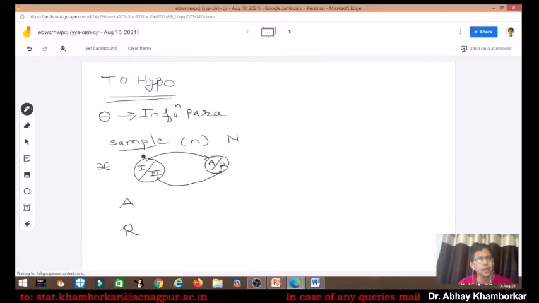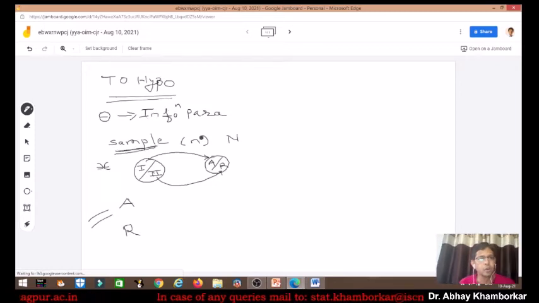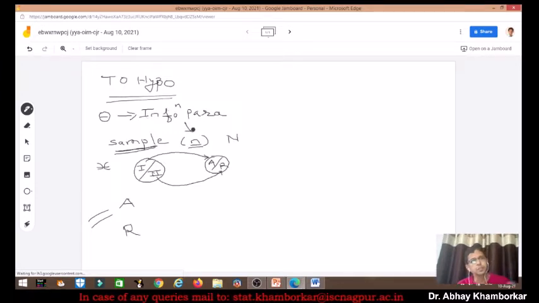So at any given stage, two possible decisions are there: acceptance and rejection. And this sample has a sample size n, which is fixed. Suppose the sample size is 10, then we draw 10 sampling units from the given population, do our experiment, and on the basis of the result we either accept or reject the hypothesis.